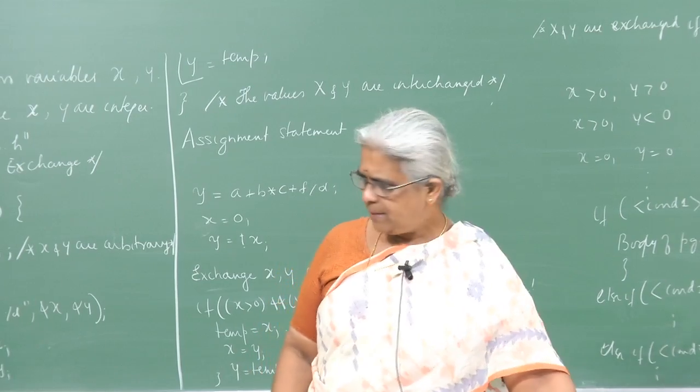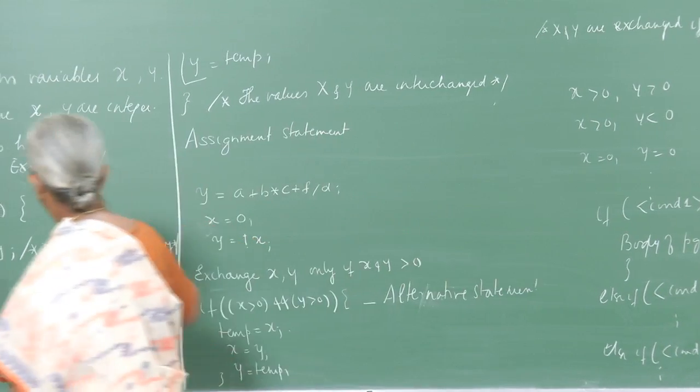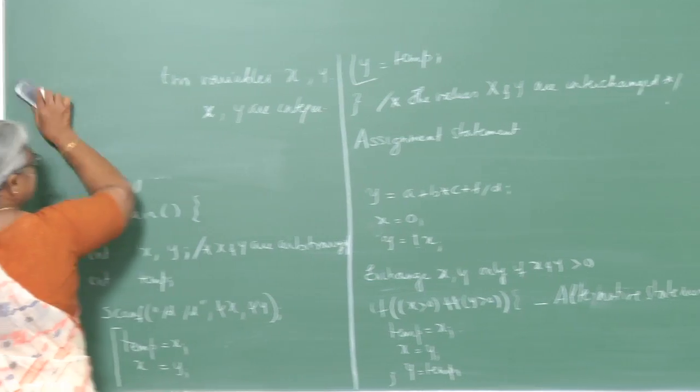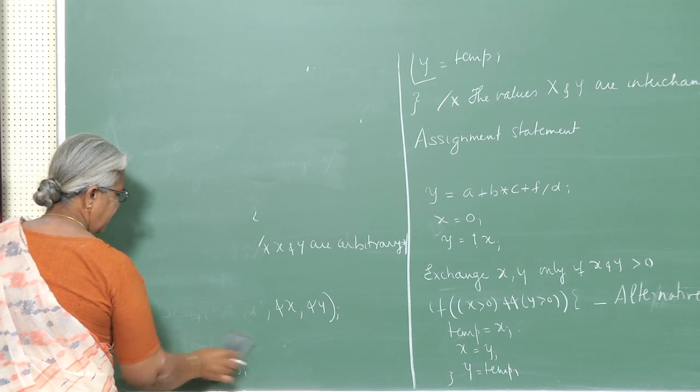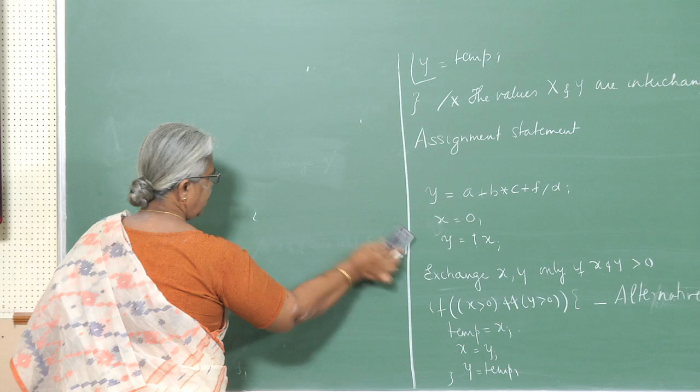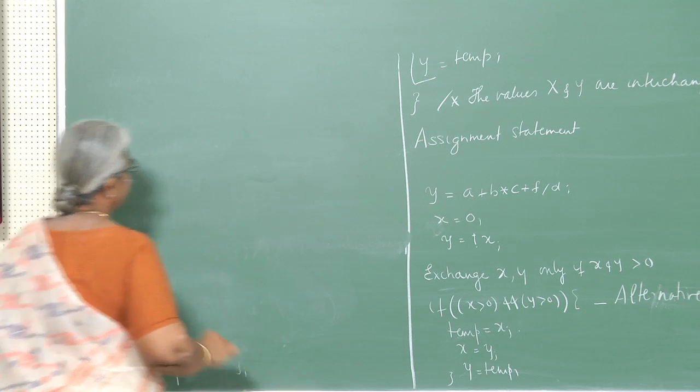The next statement which you have already learnt is what is called the repetitive statement. Suppose I want to perform an operation a number of times, then we use what is called a repetitive statement.